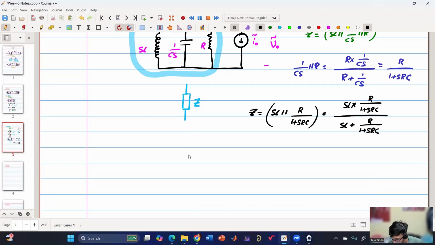Yes. Now if I simplify further, multiplying by 1 plus SRC on the numerator and denominator, I will get SLR by S square RLC plus SL plus R, right?